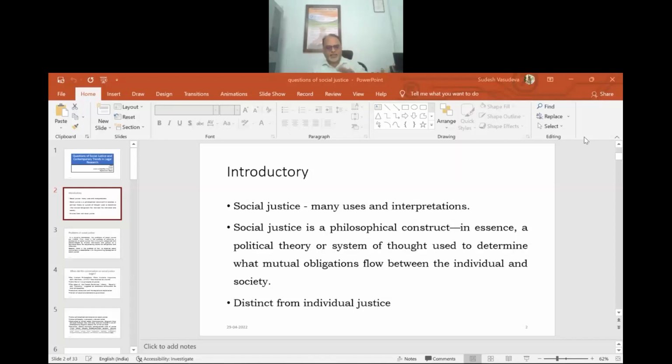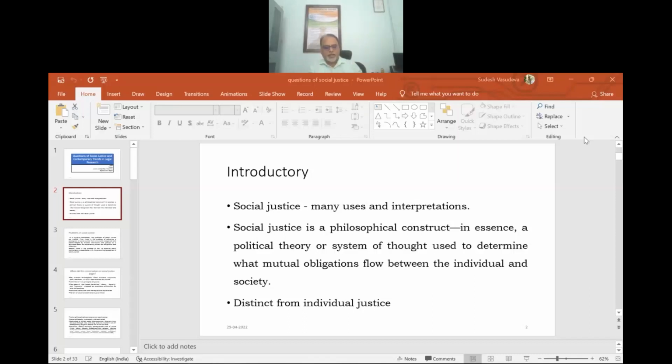So as such, we can say that social justice is distinct and separate from individual justice. So when we speak about justice, we may also speak about administration of justice or individual justice. But when we raise this question of social justice, we are concerned with justice in a societal format.